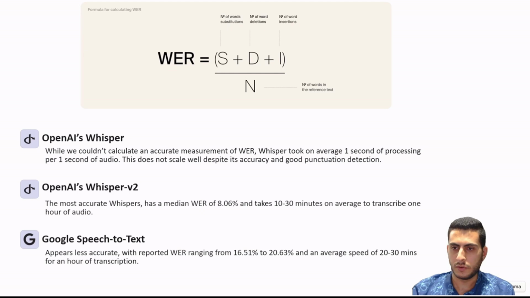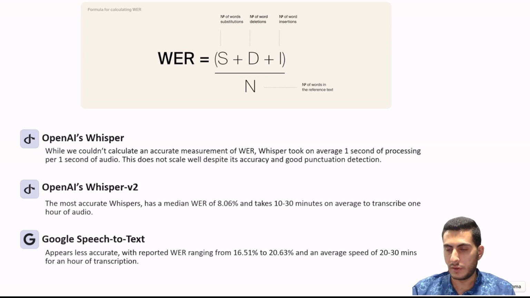And since we're interested in Google speech to text and Whisper, I have included these little results that Gladia concluded. OpenAI's Whisper version 2 was the most accurate out of all these services.